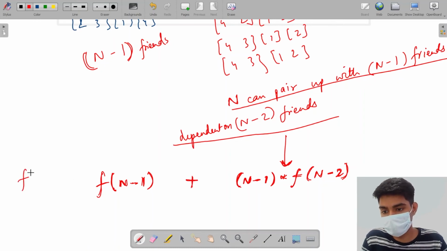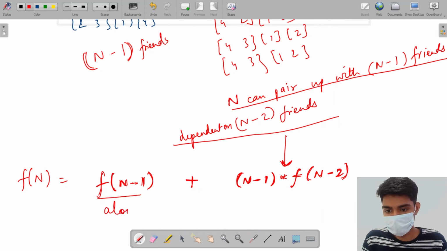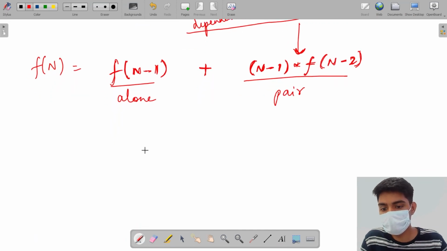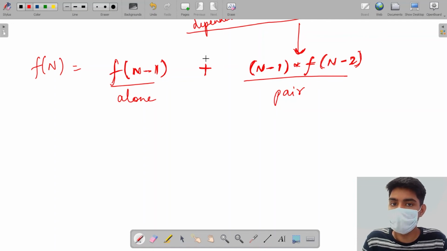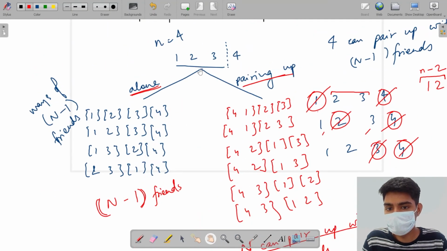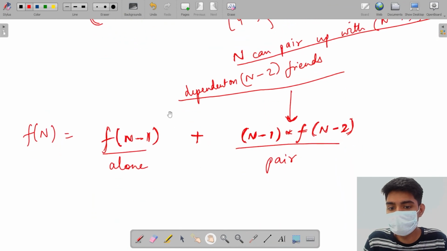And for f of n, the total answer would be the sum of alone and pair. I hope you understand this part. This part means that if n is going alone, it is dependent on n minus 1 people. We have already seen that if n is going alone, it is dependent on the sequences of 1, 2 and 3, right?